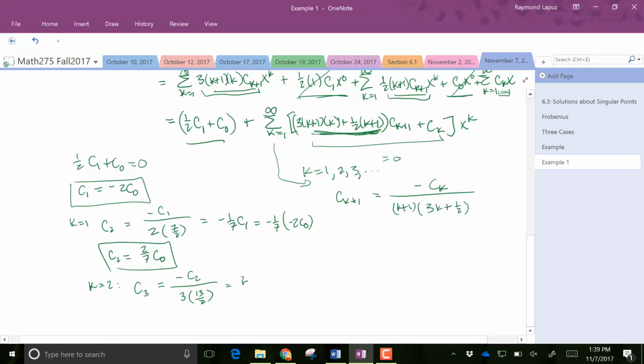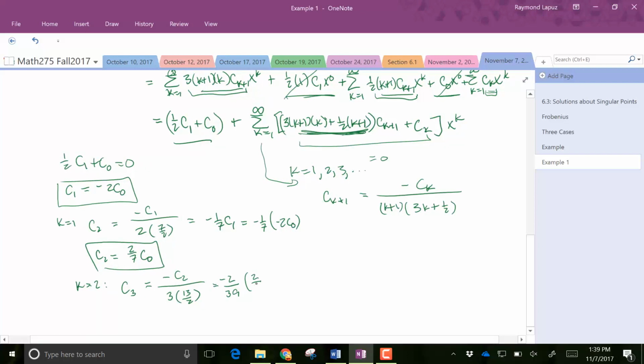So this is 2 over 39, negative, and then c sub 2 is equal to 2 over 7 c sub 0, and then that gives us c sub 3 is equal to negative 4 over whatever, what's 39 times 7? Is that right? 273?